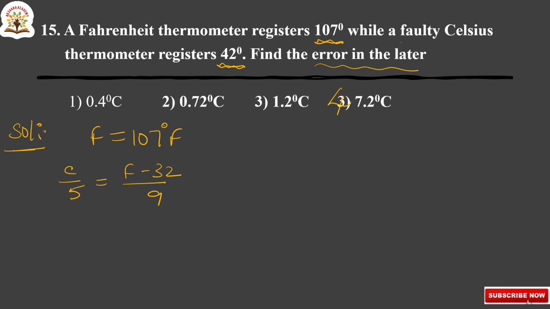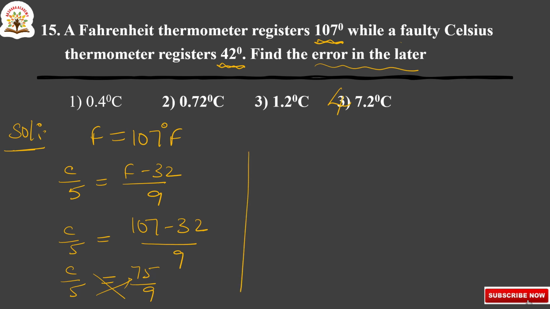Substituting in the place of F, C by 5 is equals to (107 minus 32) by 9. 107 minus 32 is equals to 75, so 75 by 9. Now taking cross multiplication, 9C is equals to 75 into 5. So C is equals to 75 into 5 by 9, which is 375 by 9.